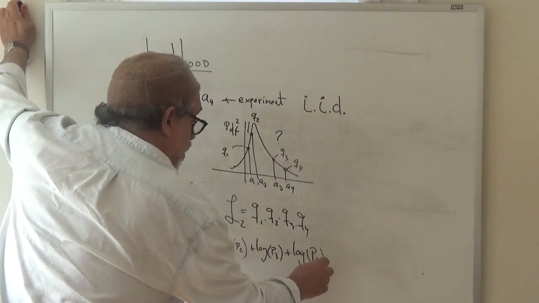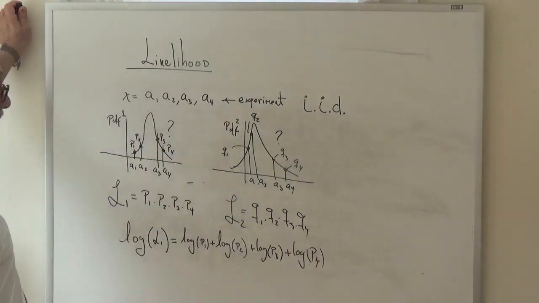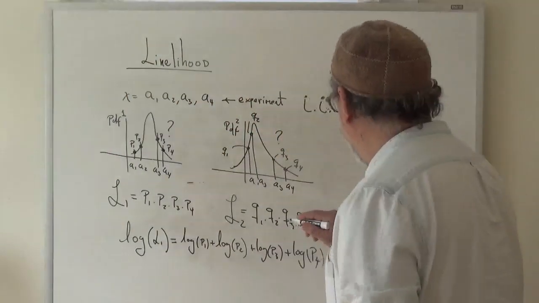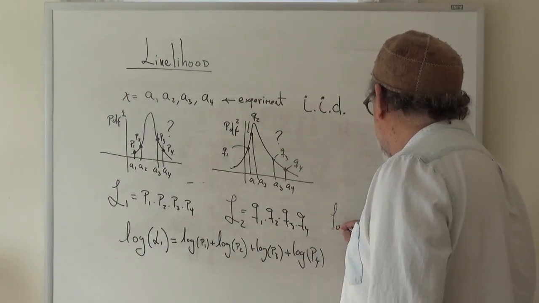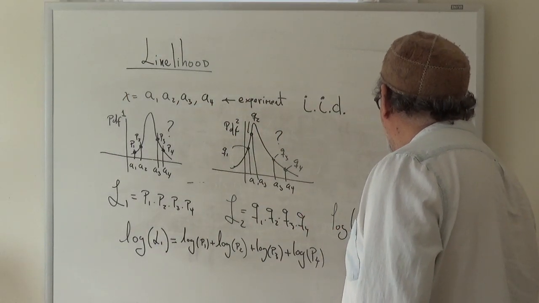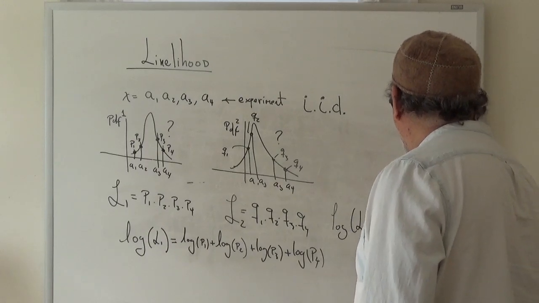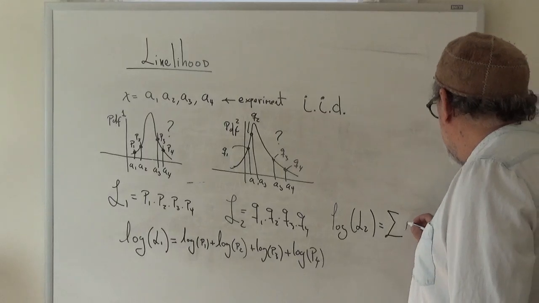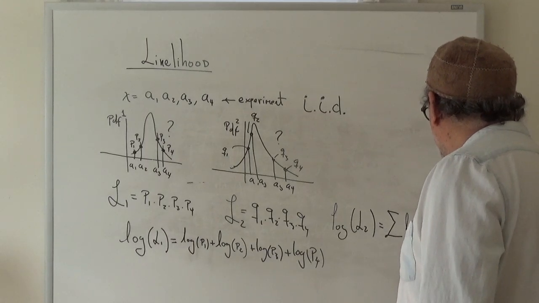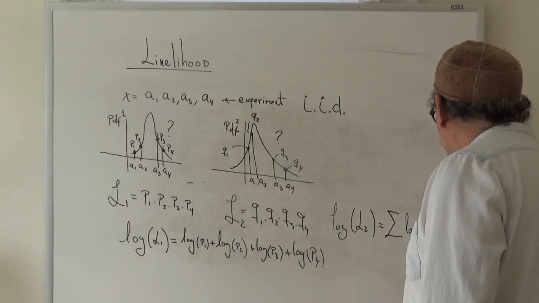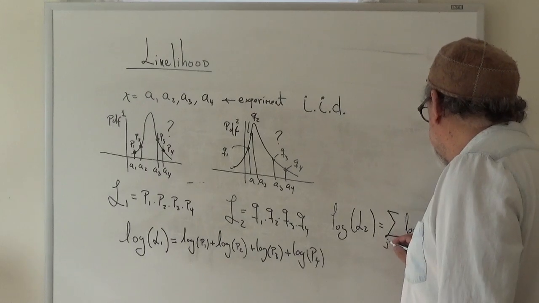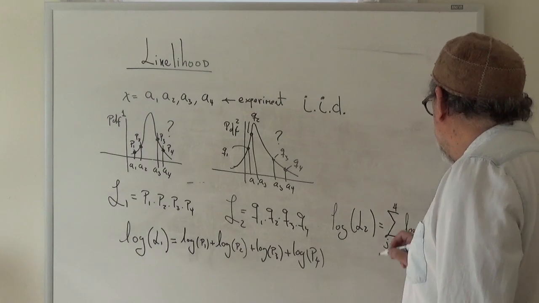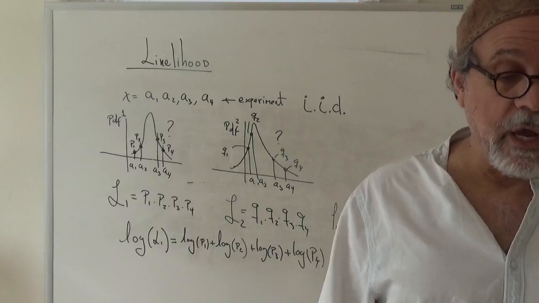And if we were to do it here, we would have that the log of the likelihood L2, and now I will use the summation, is simply going to be the summation of the logs of the Qj's, and in this case, j goes from 1 to 4.